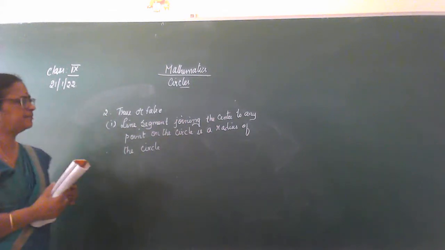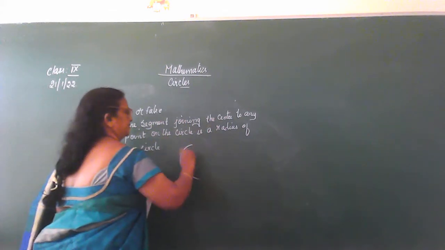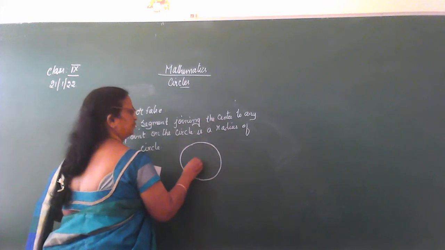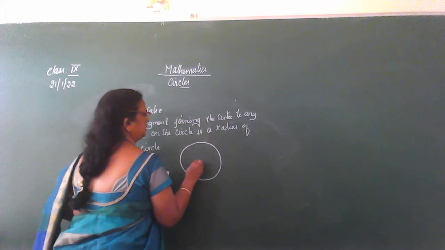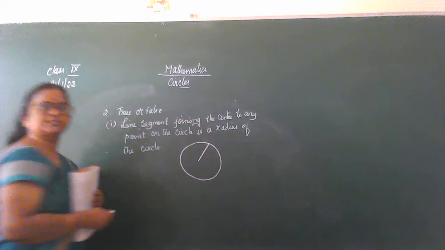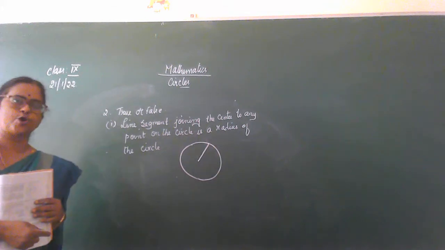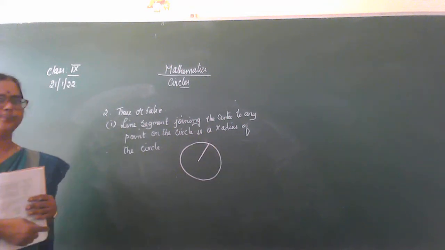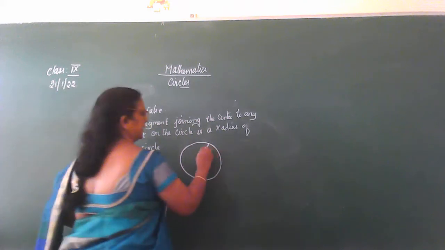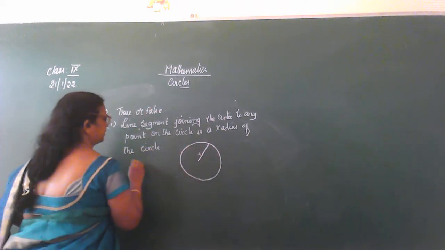So the line segment joining the center to any point on the circle is called the radius. This is the radius. Yes, it is true.